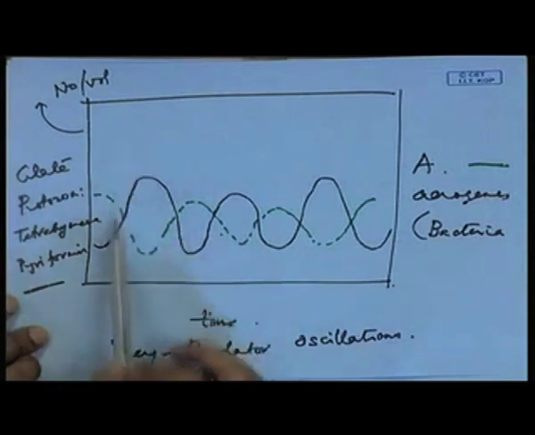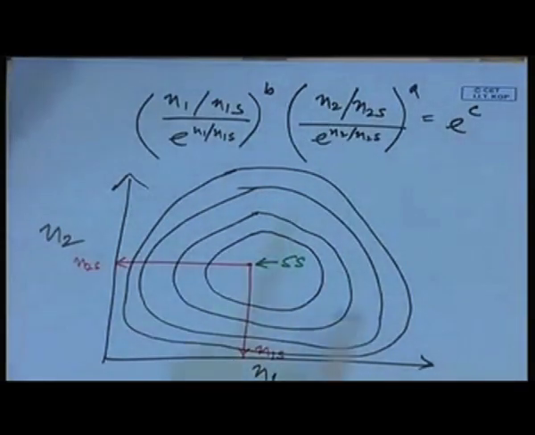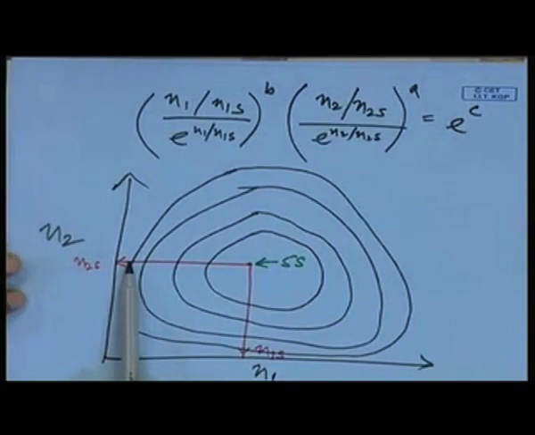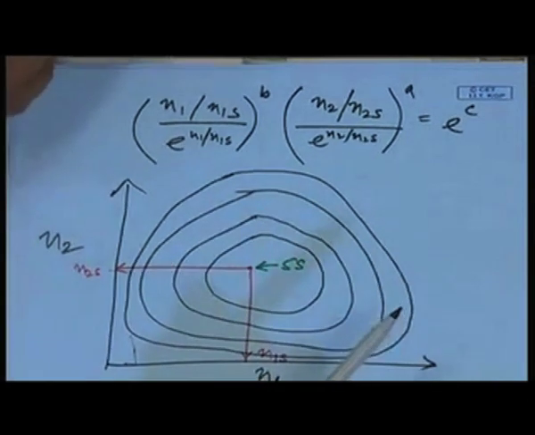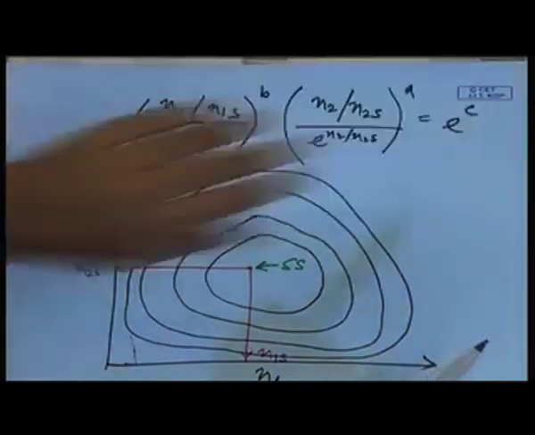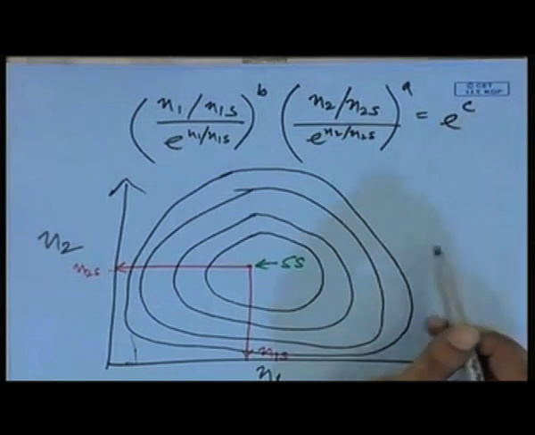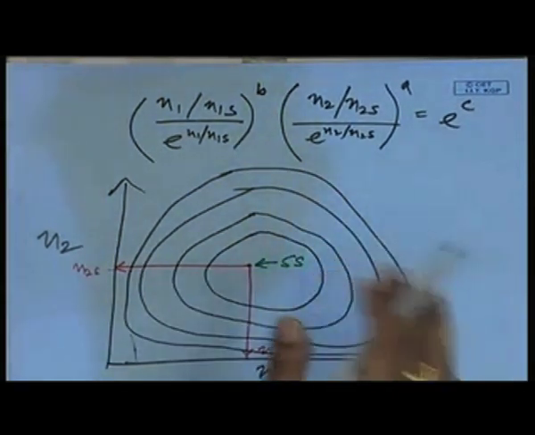In other words, from the phase space, if n2 is large, n1 is small. This forms a part of the limit cycle. So, it goes on and on in limit cycles. This is a circular thing that happens in the phase space.